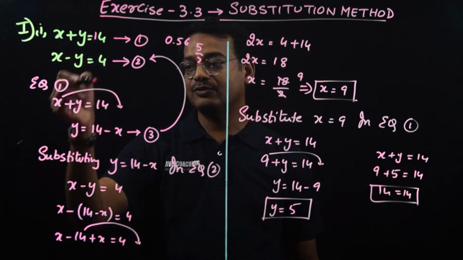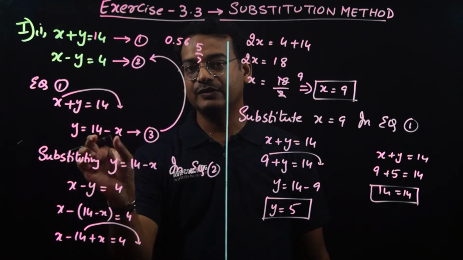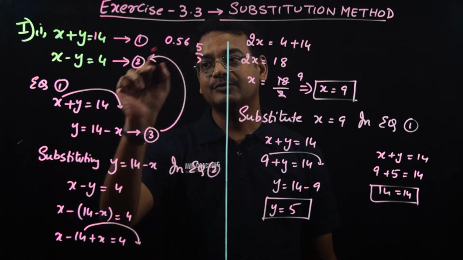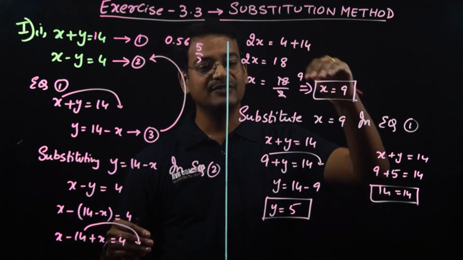First you will take the first equation and write y in terms of x: y is equal to some value. You will take that third equation and substitute it in the second, and you will get the x value, and that x value you will substitute in the first equation.